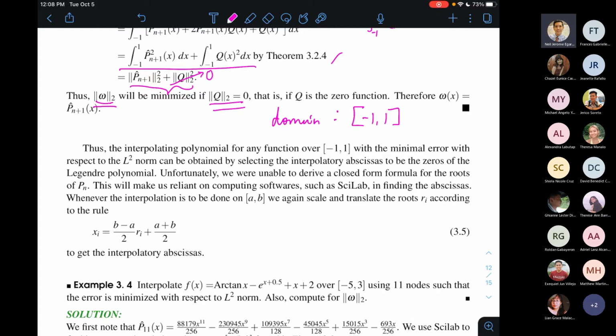But there are instances wherein we want to interpolate a function over intervals aside from negative 1 to 1. So in order to allow our interpolatory polynomial using the Legendre polynomials to be valid over larger intervals, we need to translate and scale the roots of the Legendre polynomials. And we can do so using this formula, which you already applied to the roots of the Chebyshev polynomials yesterday in your lab.